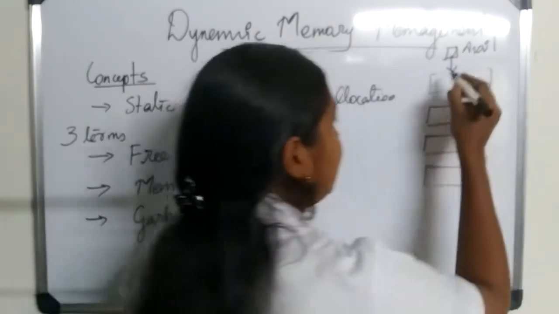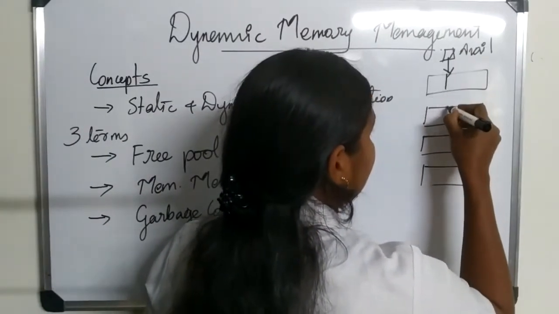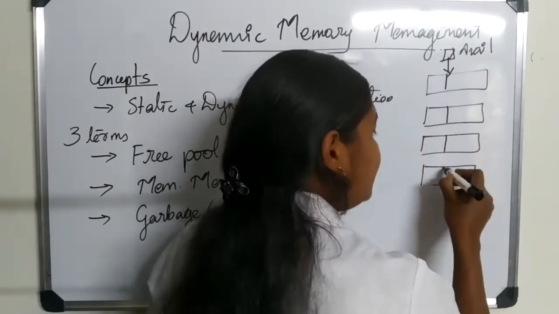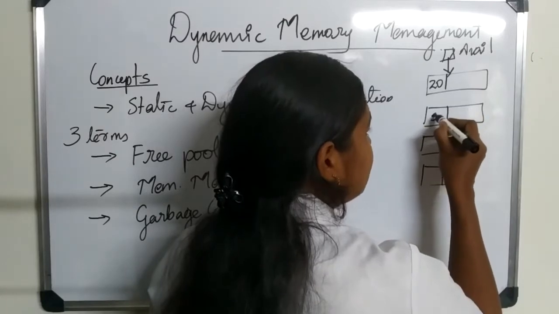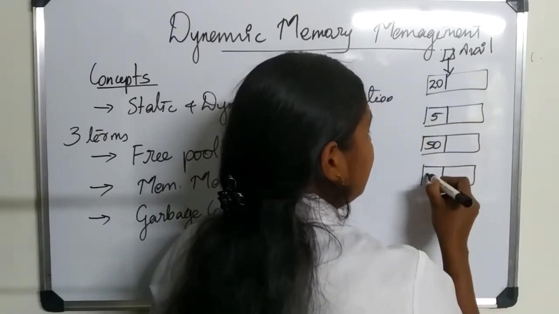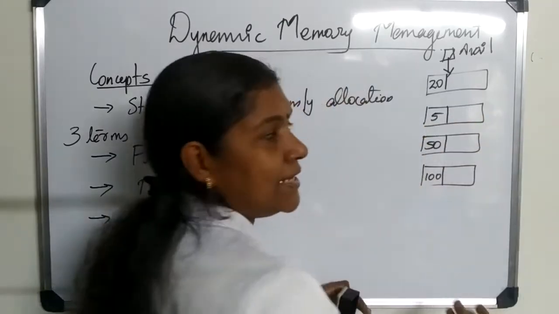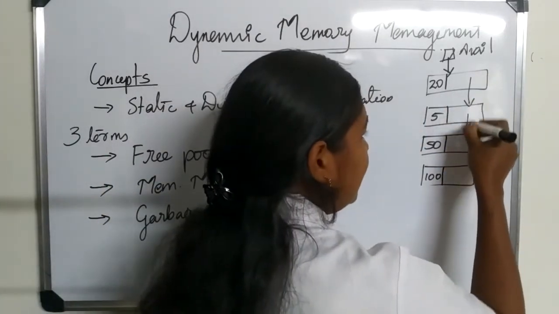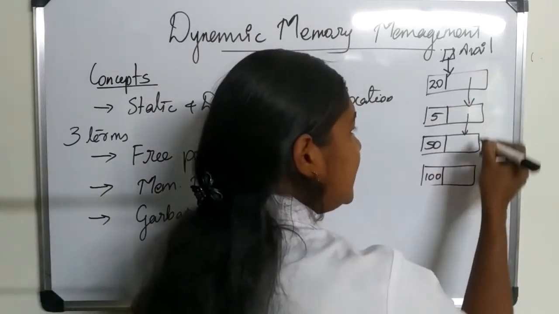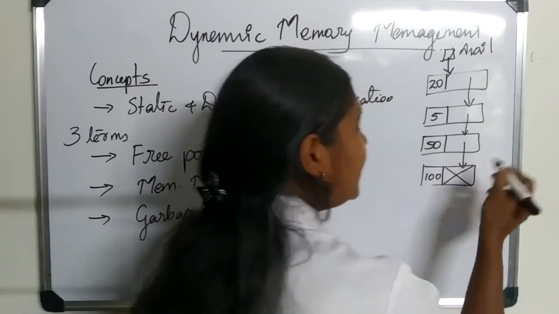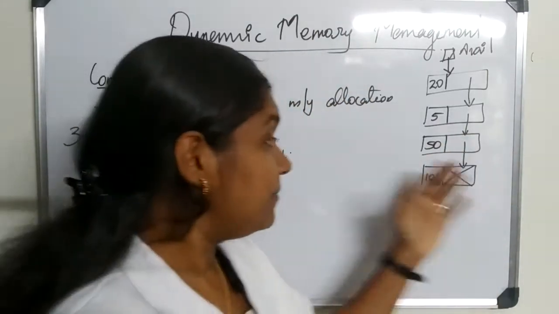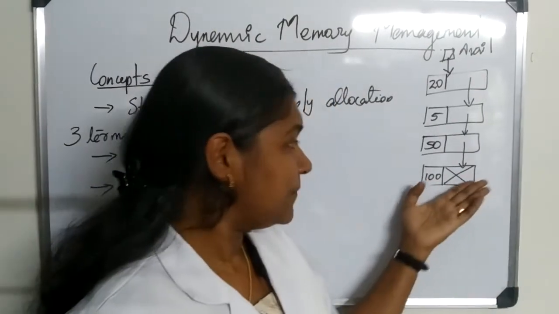Then every block here is a free block, and the size would be mentioned, say 20, 50, 100, like that. Different sizes of memory blocks would be there. Each link part would contain the address of its next link, and the link part of the last node would be marked as null.